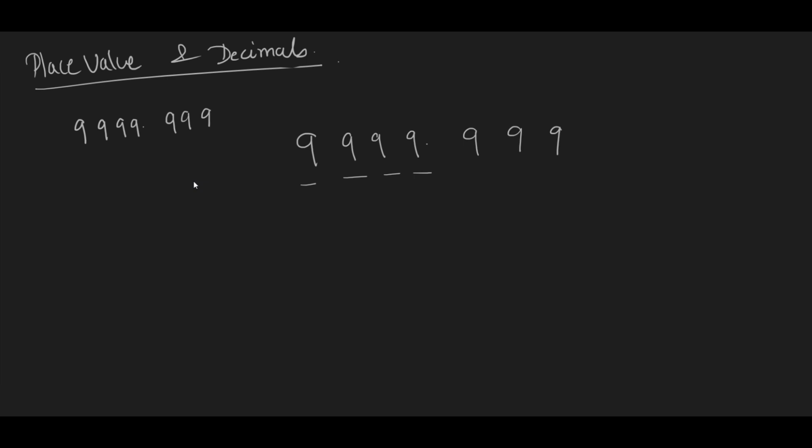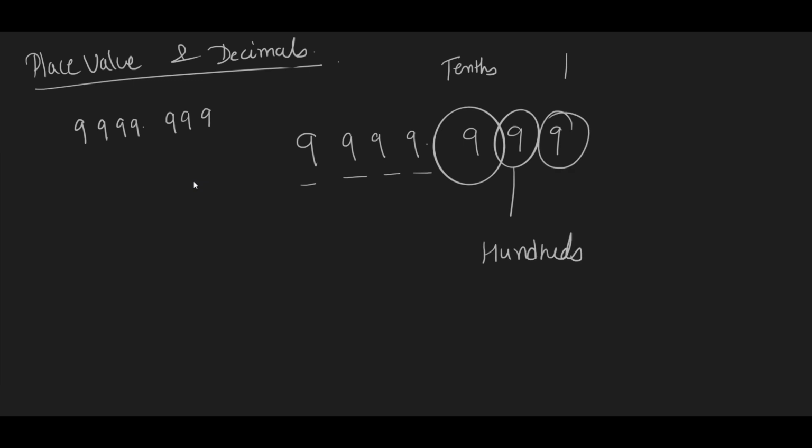Now here in decimal, this part is called, children, tens, this part is called hundreds, and this part is called thousands.